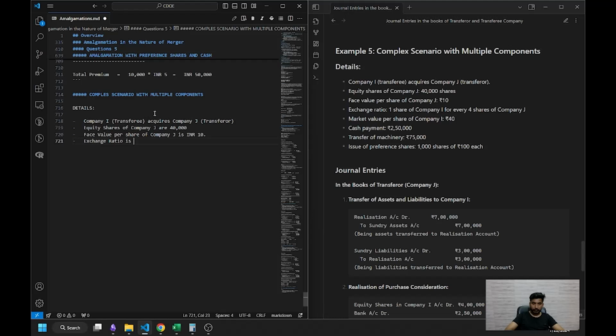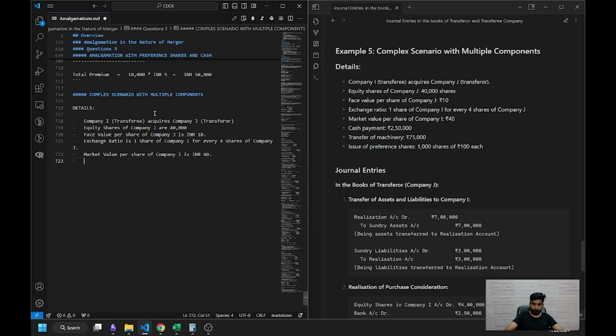The exchange ratio is one share of company I for every four shares of company J. The market value per share of company I is rupees 40. Here, we have been given the face value as well as the market value.